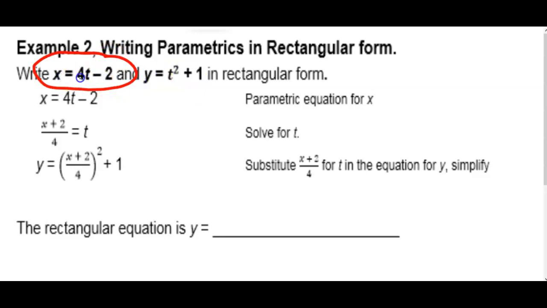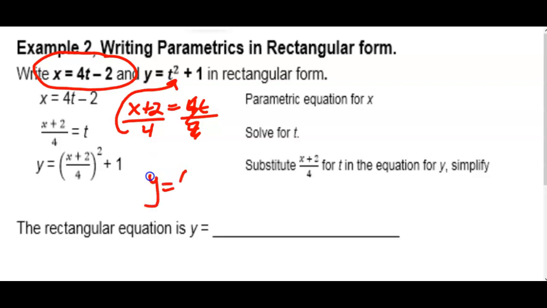So I'm going to go ahead and solve here for the value for t. So I would add the 2 over and then divide both sides by 4. And then now that I have t by itself, I can substitute that in here and get y equals x plus 2 over 4 quantity squared plus 1. And it would be okay with us if you left it that way.